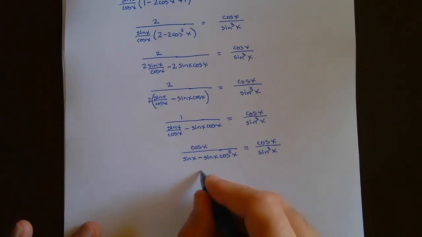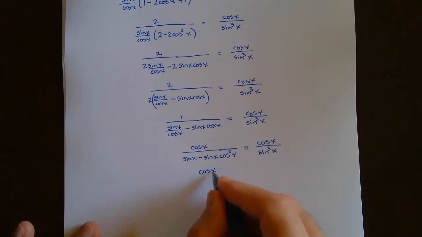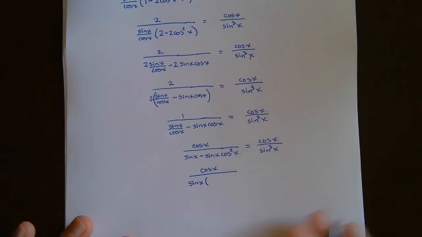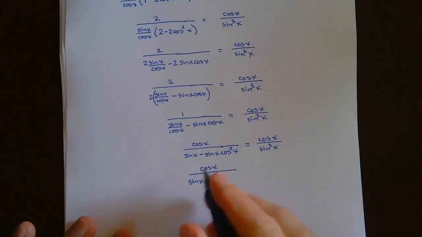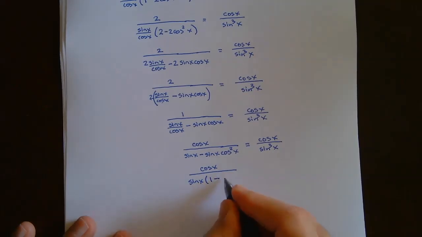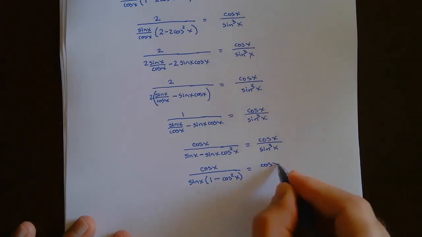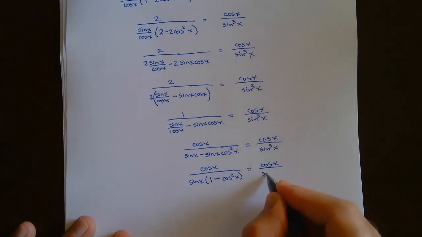So we'd have cosine of x over sine of x times, and if we factor sine x out of that, we'd be left with 1 minus cosine squared x, equals cosine of x over sine cubed x.